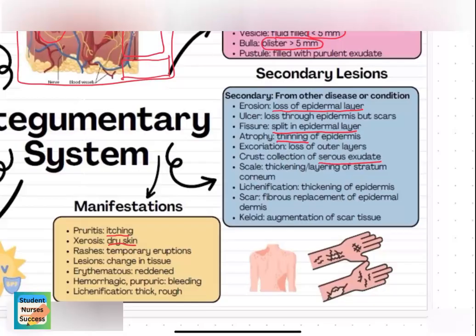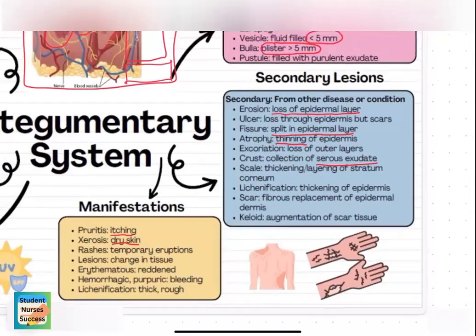It could be reddened or erythematous. It could be hemorrhagic or purpuric, meaning there's bleeding, either bleeding out of the body, out of the skin, or maybe bleeding or leaking of blood under the skin, which would be more purpuric or even petechial. And then lichenification, which is a thickening or a roughness.